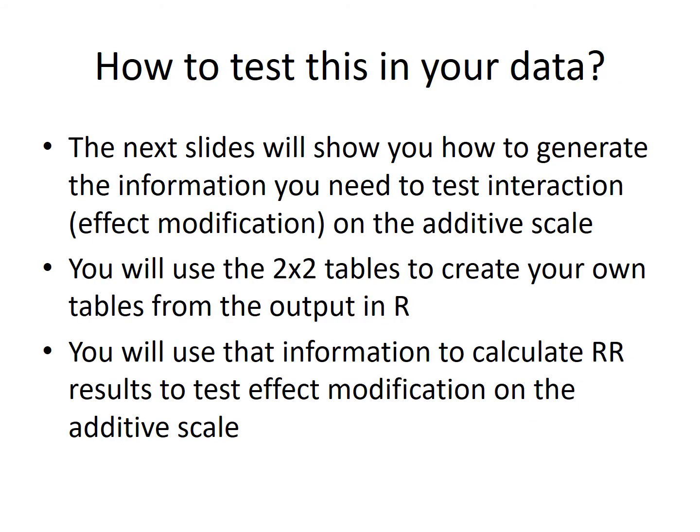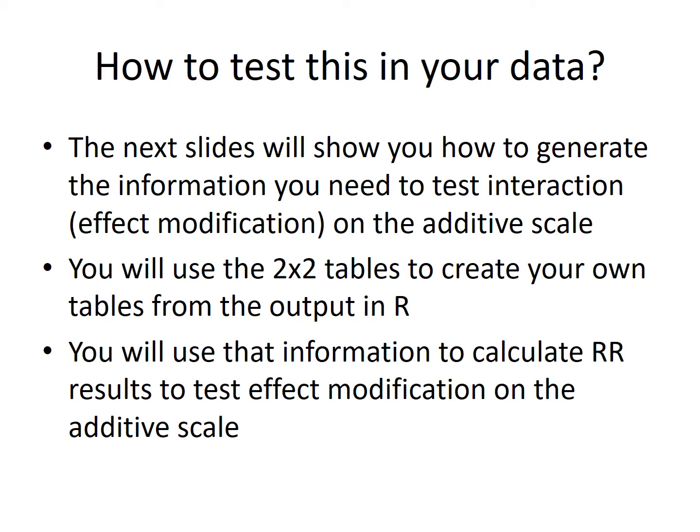Here I'm going to shift to the question of how you are actually going to test this in your data. Conceptually, the causal pies show you visually what you are looking for. The next slides are going to show you how to actually generate that information on the additive scale.